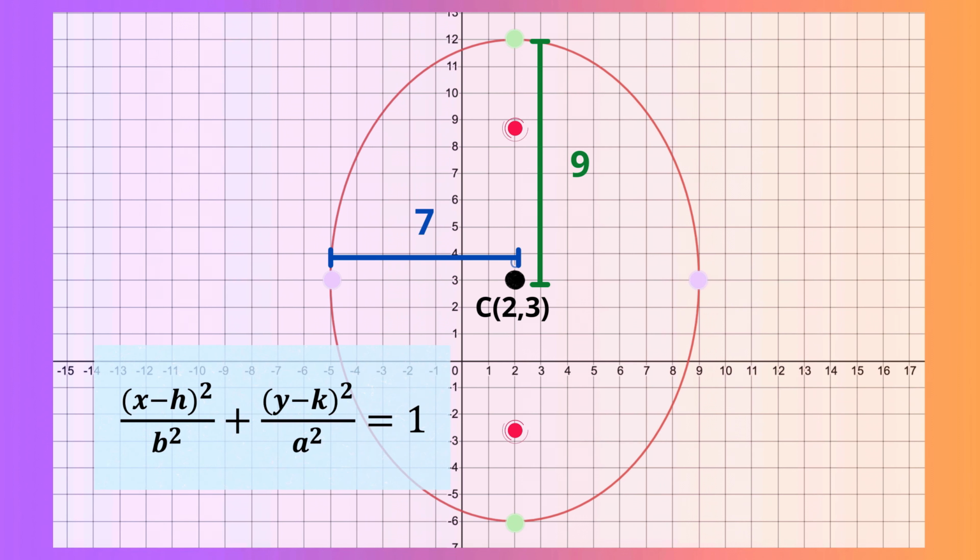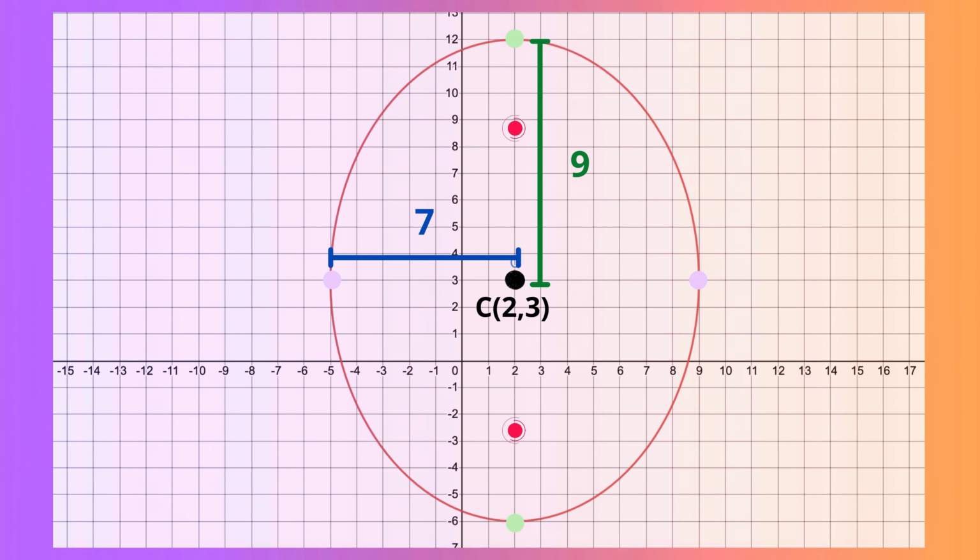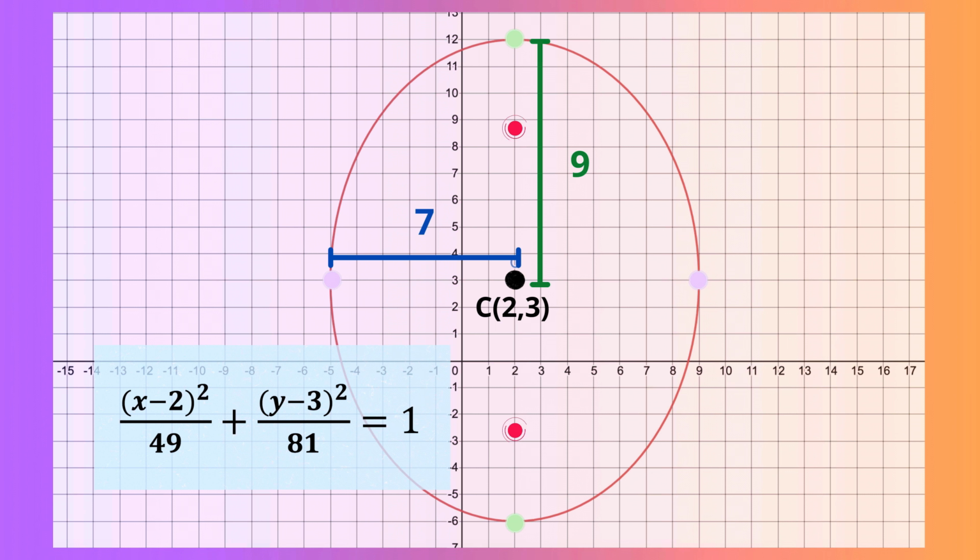In finding the standard form of equation of this ellipse, we can just substitute the values of a and b in the equation, and the center, h and k. Like in this given, the equation would be (x minus 2) squared over 7 squared, or 49, plus (y minus 3) squared over 9 squared, or 81, equals 1.